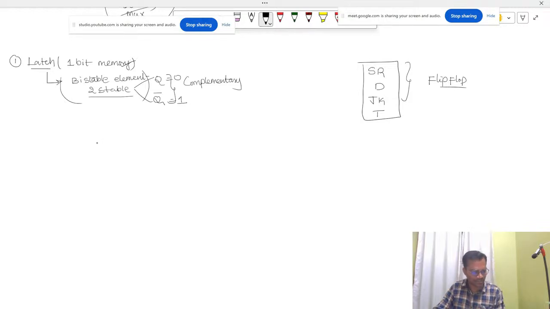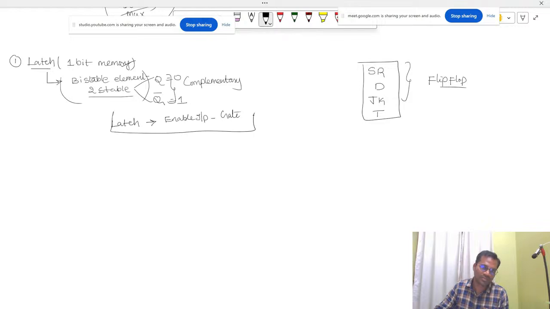Now let us see a basic latch. In the latch we need one more input, which is called the enable input. This enable input is called a gate. This is how the latch will work. Generally, latch is like locking a door.